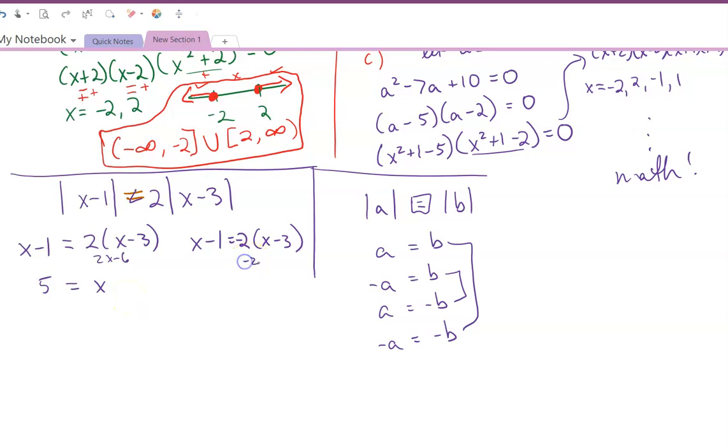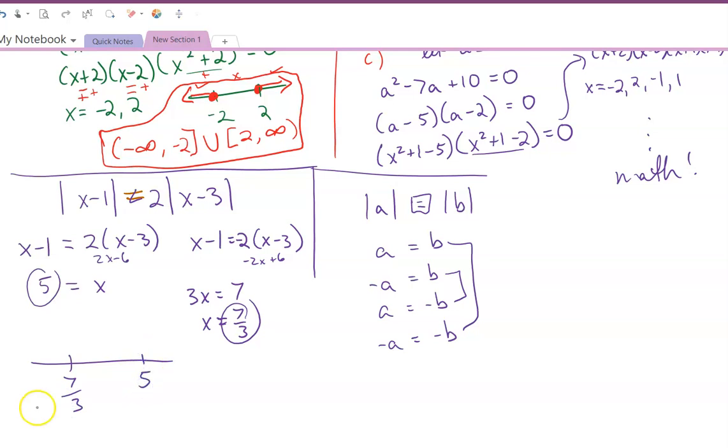Over here, we've got negative 2x plus 6, so 3x, adding 1 to both sides is 7. So x equals 7/3. Okay, so these two numbers are the things that I need to do test points around. So 7/3 is a little bit more than 2, less than 3, so that goes on the left.